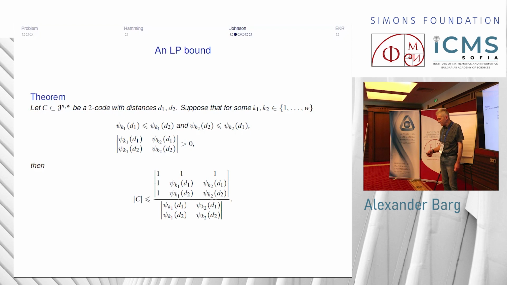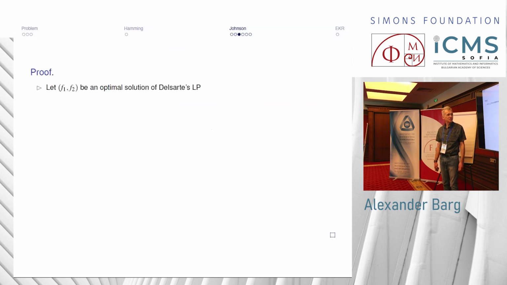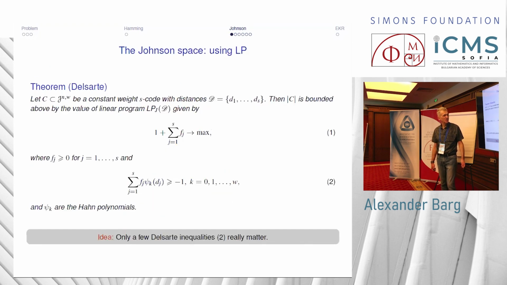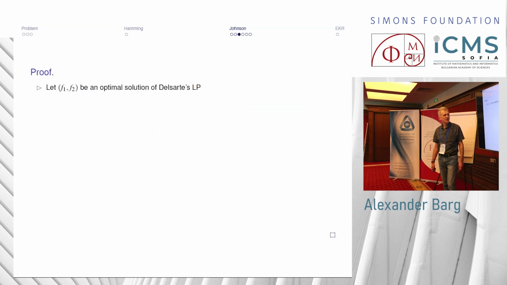This is in fact very easy to prove, having these assumptions. So remember, we have two distances, and so our Delsarte problem, in fact, has just two coefficients, f1 and f2. So let us say those f1 and f2 form a solution of the Delsarte problem. Maybe unique, maybe not unique, it doesn't matter, just the optimal solution. Well, then the size of the code, as Delsarte tells us, is at most 1 plus f1 plus f2. Very good.